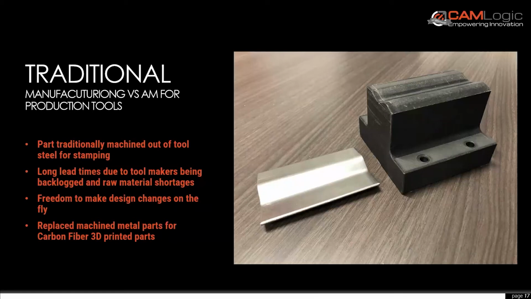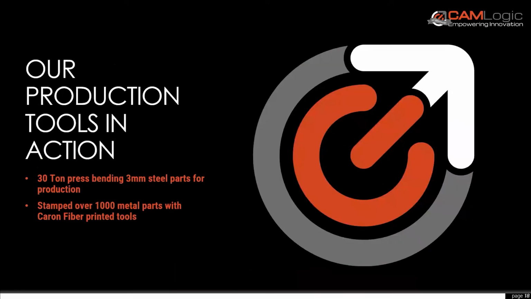Again, we achieved this by making 3D printed parts out of carbon fiber and Onyx material. I have a video coming up that shows the actual tool working in action. We sat in front of a press to make over 1,000 of these metal blank parts. This was a 30-ton press bending 3mm steel parts for production.